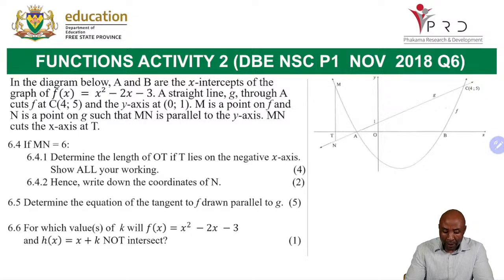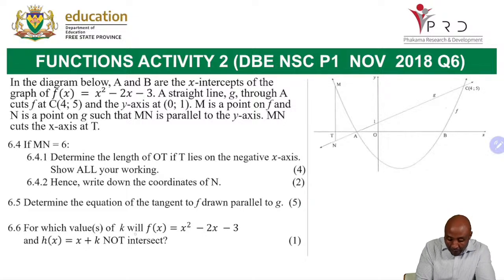Now, in the interest of time, I will do 6.4.1 with you, 6.4.2 with you, and the equation of the tangent drawn to f parallel to g. You can see this requires us to come back to calculus, hence I will do it with you.